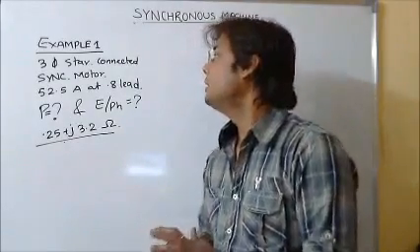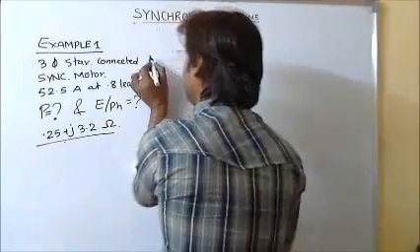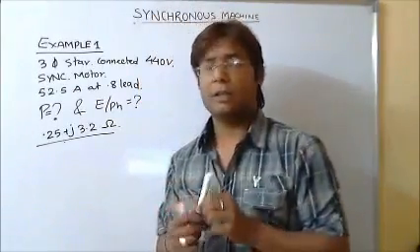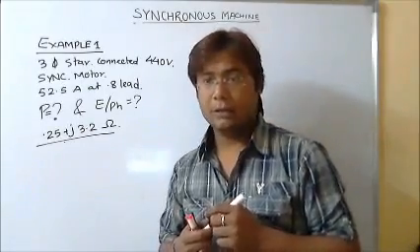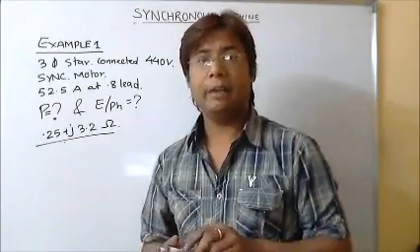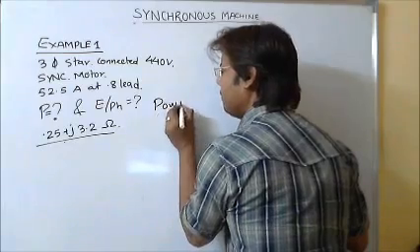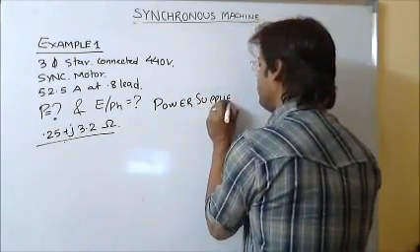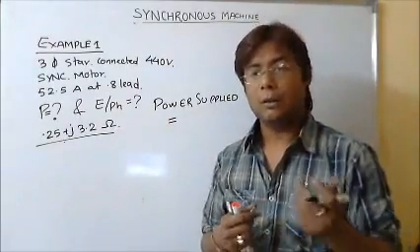Since it's a three-phase star connected 440 volts synchronous motor, working at 52.5 amperes and 0.8 lead power factor, we can directly find the power supplied, which will be equal to V I cos phi.